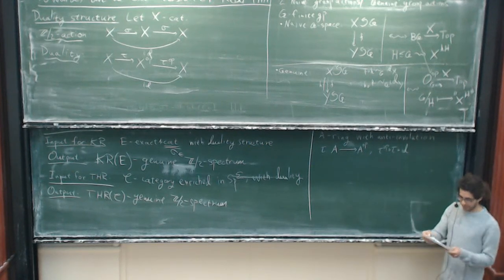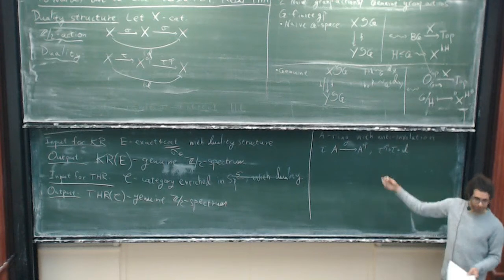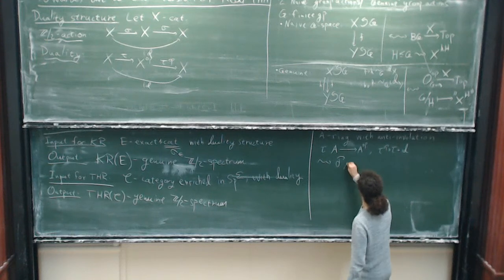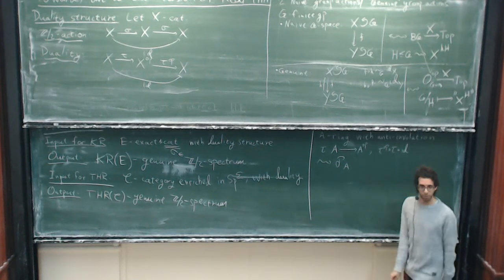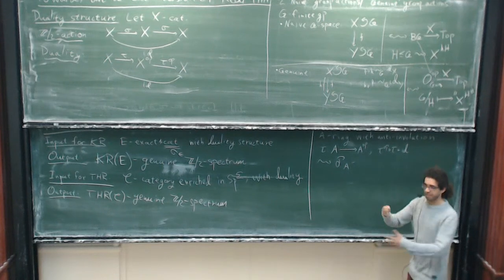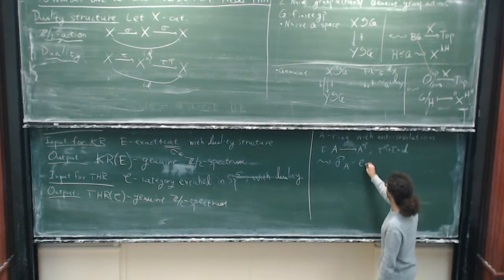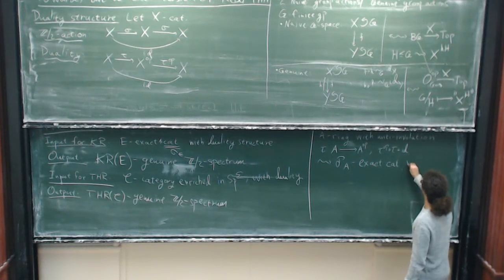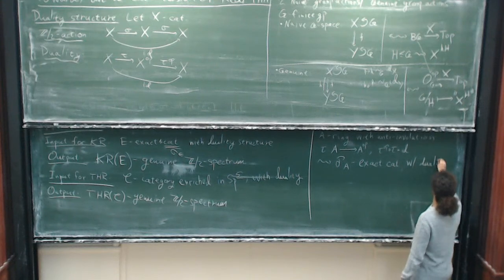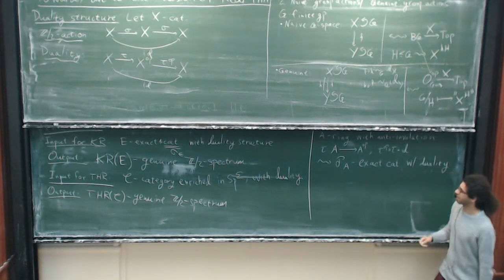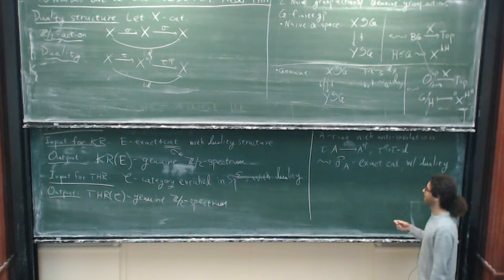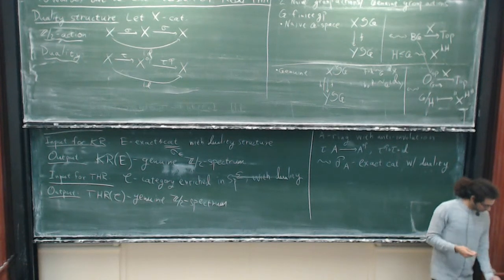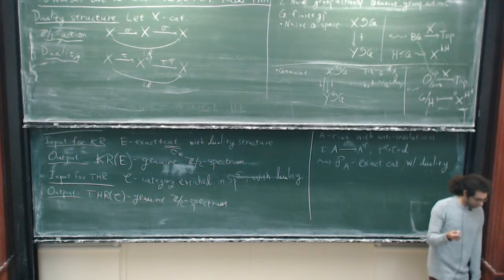Okay? And why is this actually a special case? If I look at the category of projective finitely generated modules over A, it has several structures. One structure that it has is an exact category with duality, like was explained many times in the past two or three days.